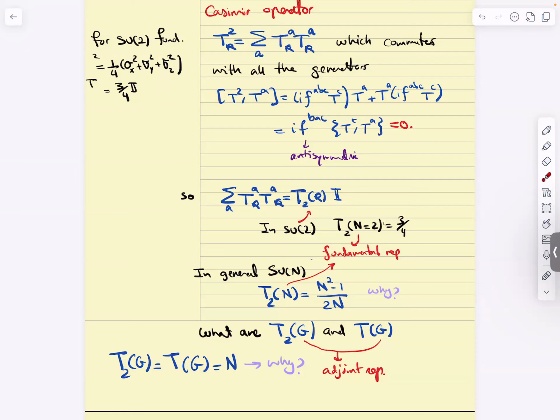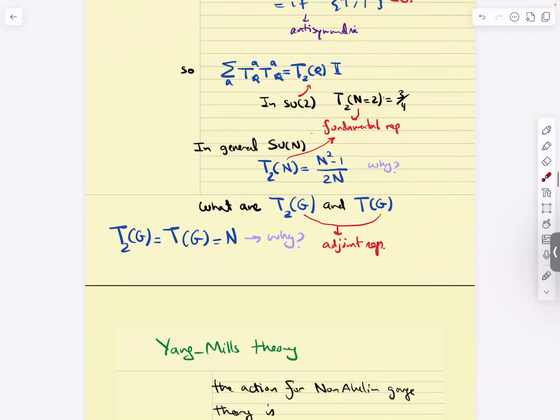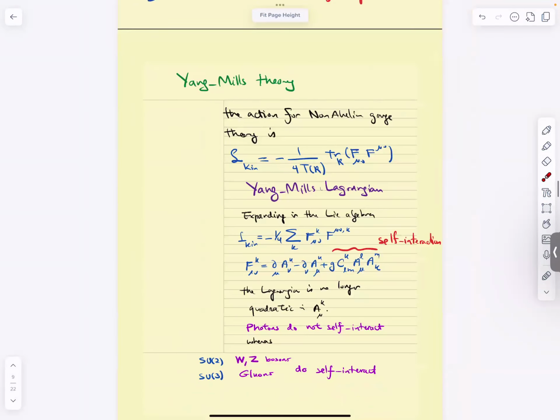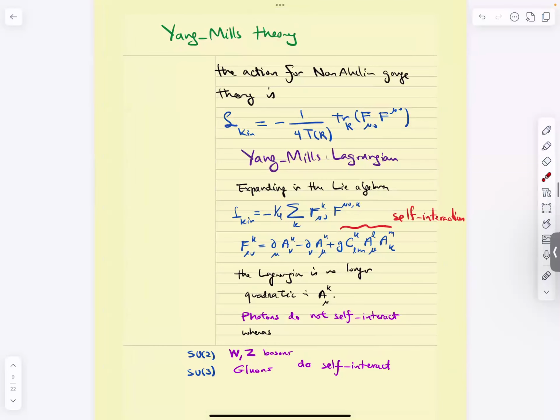Because all the physical stuff that they calculate at the end of the day are not going to be matrices. Matrices are not invariant. They're going to be traces. So you're going to be repeatedly taking traces of these generators. All right. With that said, here is TR.